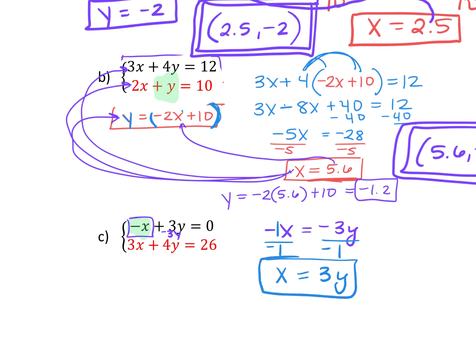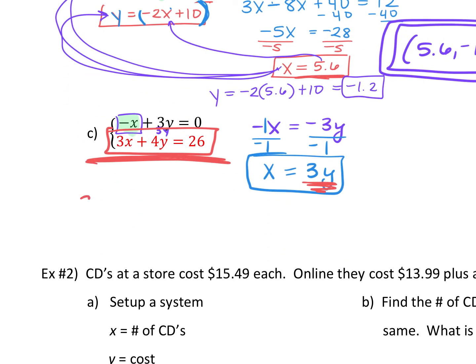I'm going to use this equation, and I'm going to use that equation. If I know x is 3y, where am I putting 3y in this equation? After the 3. So you're going to go 3 times, and then our x value, 3y, plus 4y equals 26.